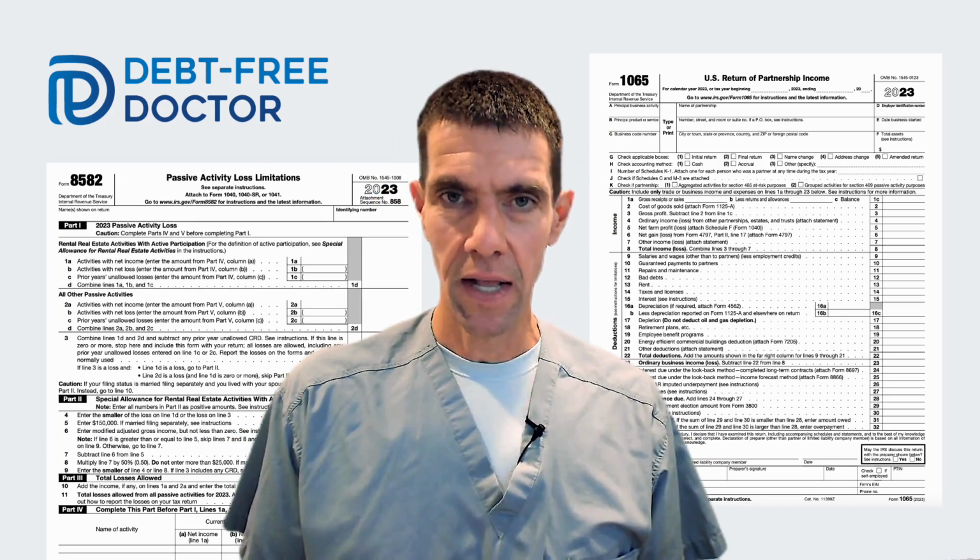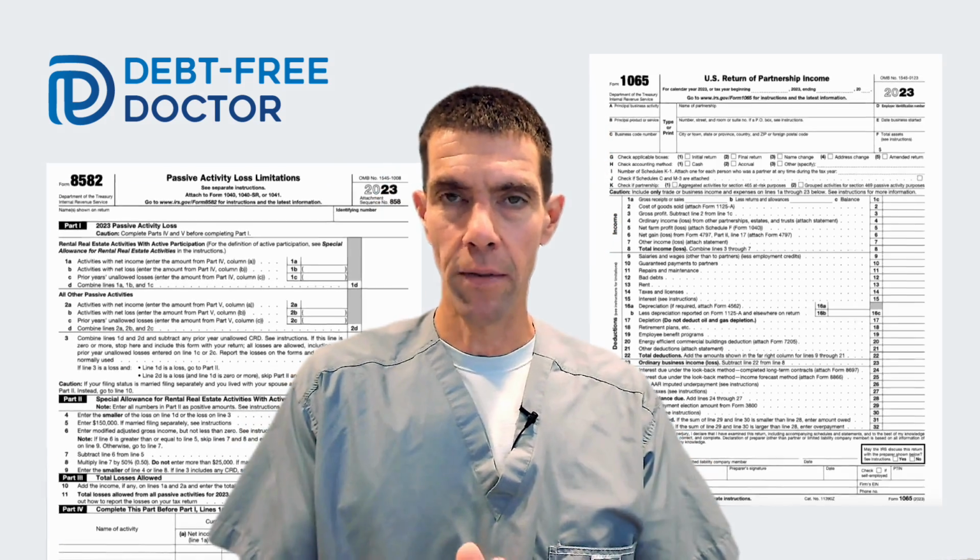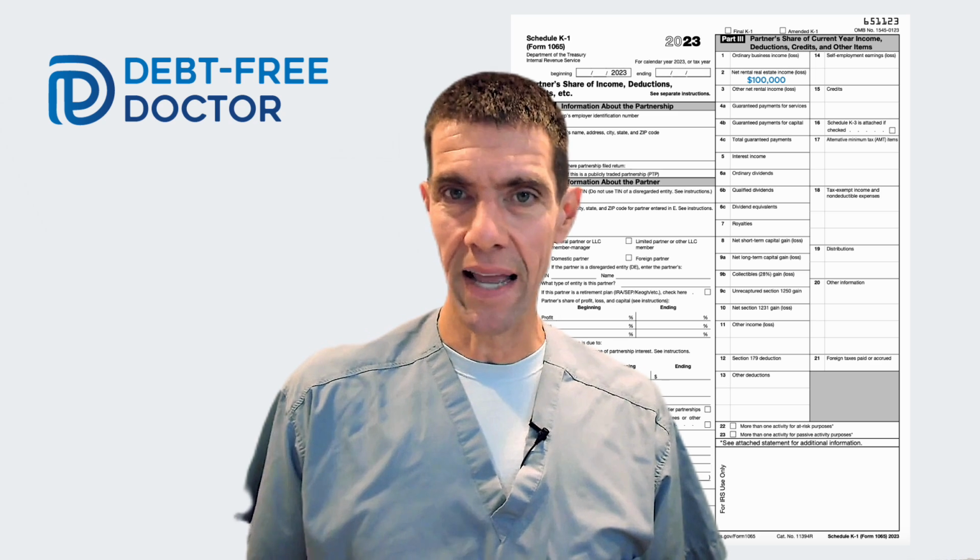Now, in this case, let's say our partnership ends up with a $200,000 tax loss due to good old bonus depreciation. You and I would split that 50-50, so each of our K-1s is going to show a $100,000 loss in box 2, which indicates rental real estate income or loss.